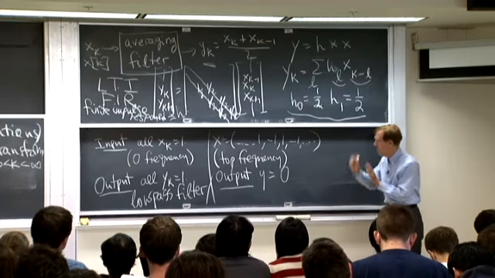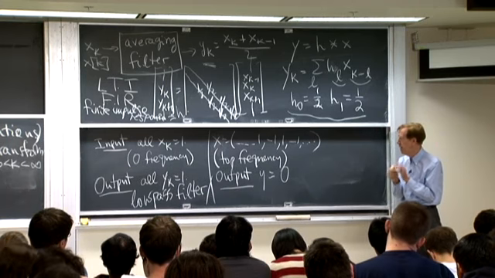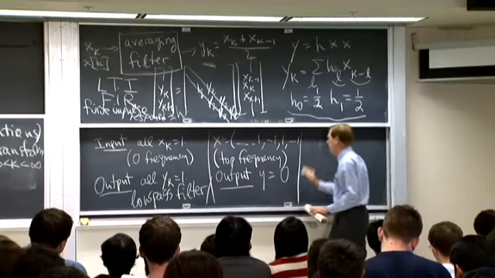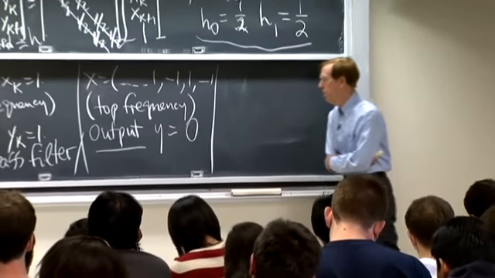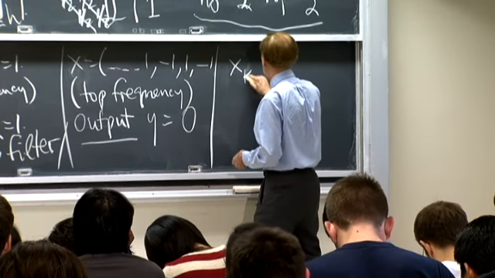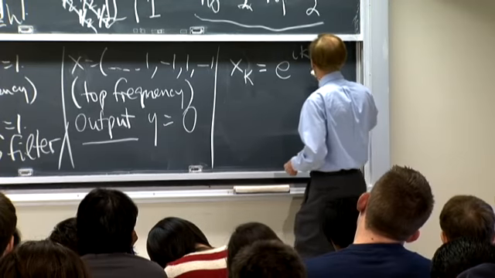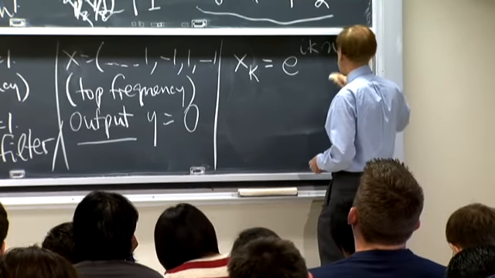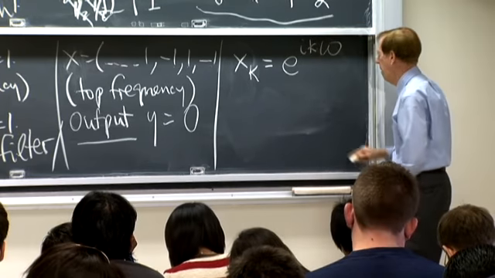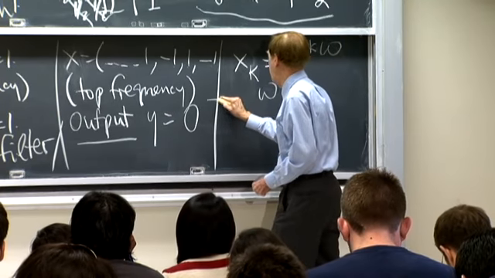Okay. So that's two examples. Now, what about frequencies in between? Because ultimately we want to see what's happening to frequencies in between. So what's an in-between frequency? In between, xk could be e to the i k omega, where this omega is somewhere between minus pi and pi.